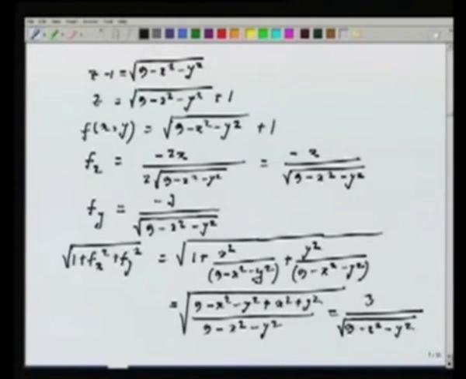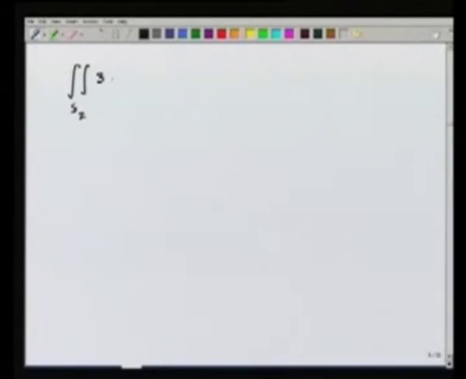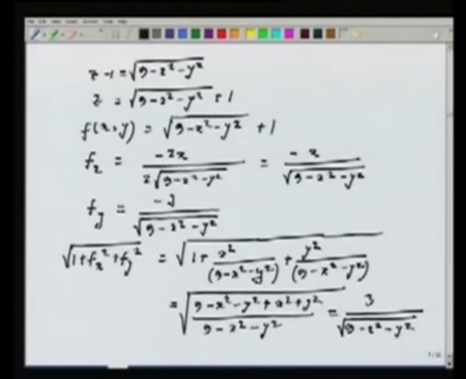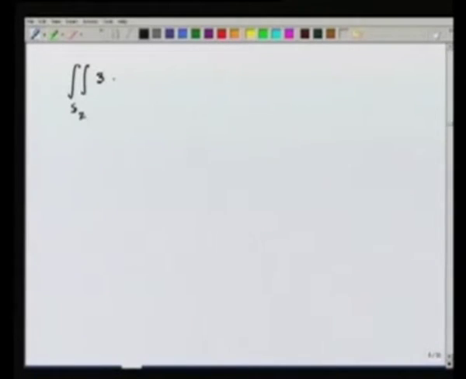Okay. So the integral now I am looking at is double integral over S2 of 3 times 3 by square root of 9 minus x square minus y square dx dy.